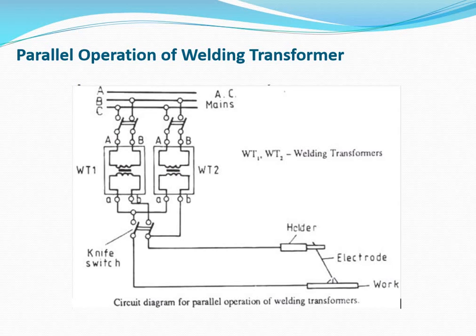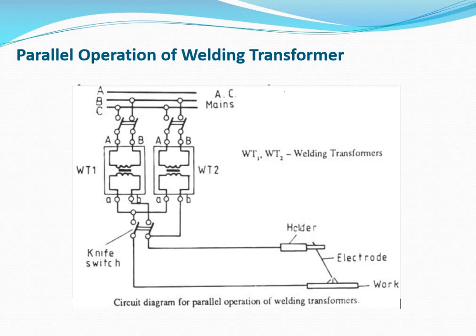In welding operation, sometimes there is a need for current exceeding the maximum welding current which is obtainable from one transformer. In such cases, the desired welding current can be obtained by parallel operation of two or more welding transformers.